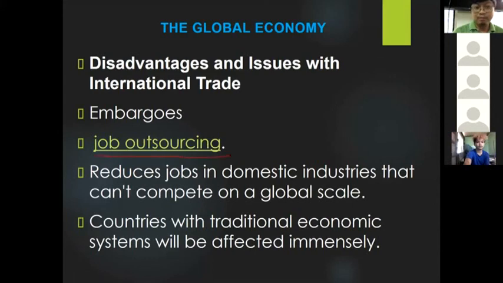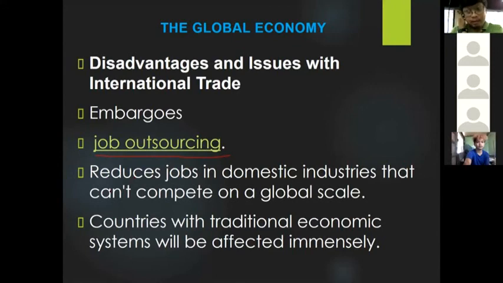Job outsourcing is another disadvantage. Bakit disadvantage ang job outsourcing? Perhaps ang isa sa mga effect ng job outsourcing is when yung salary or wages ng mga outsourcing employees sa Pilipinas is sobrang baba.